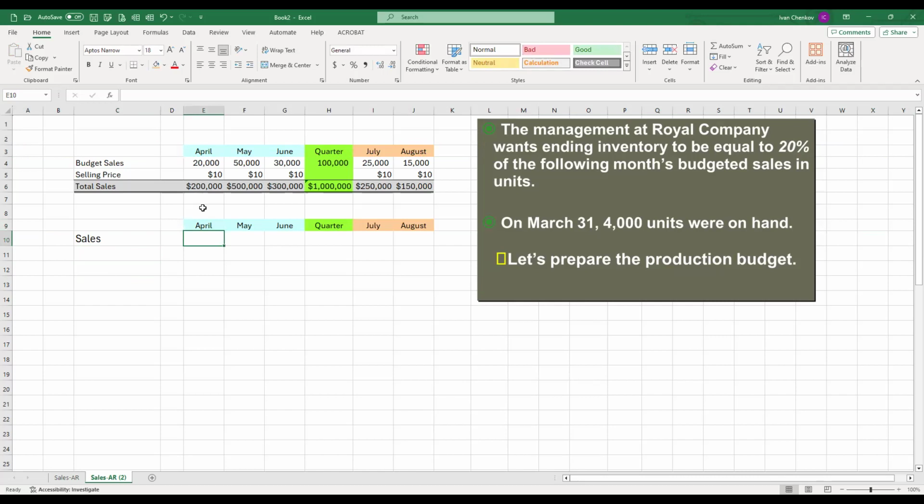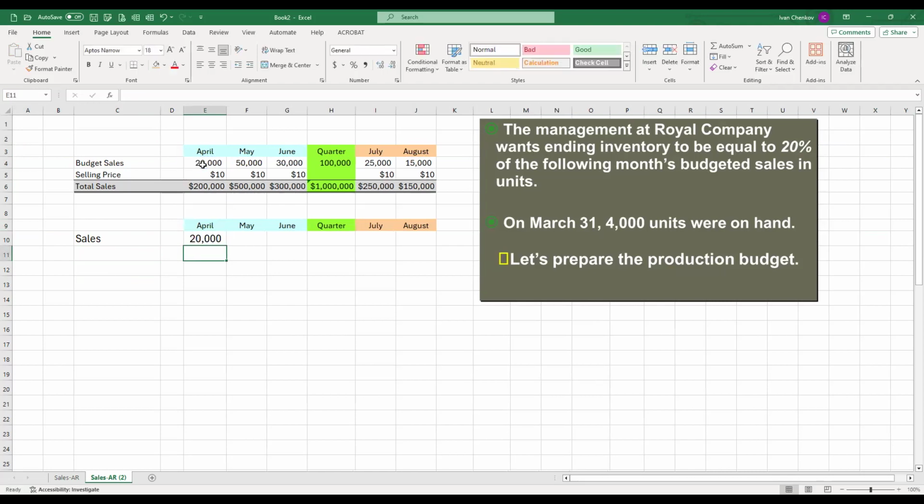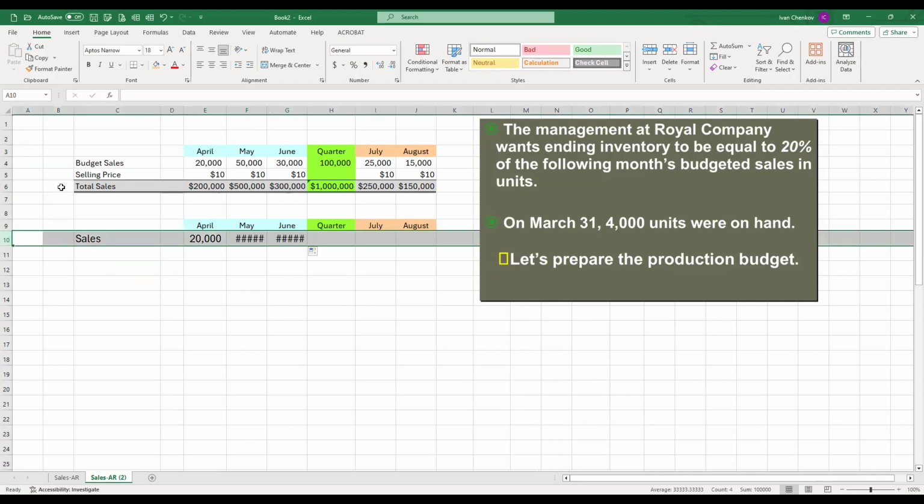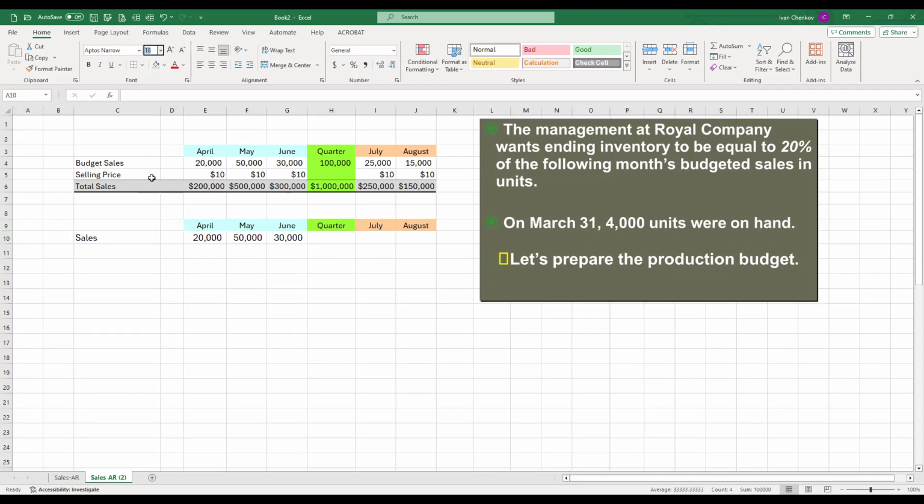And our sales are that many units, correct? We can easily drag those numbers. We don't even have to make too much effort on those numbers. So those are our sales. So for the first quarter, our sales will be 100,000 units. We already know that.